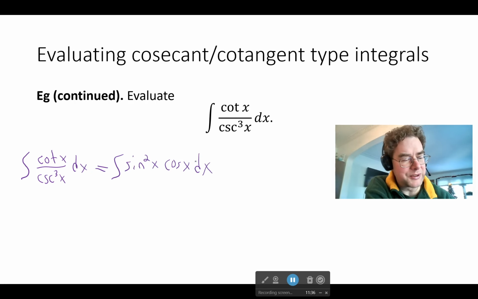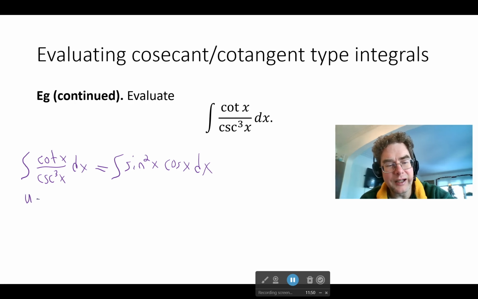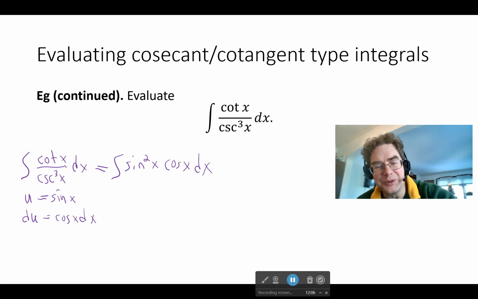This is a typical, not particularly hard sine cosine type integral. Here we can just take u to be sine x, since the power on cosine is odd. It's got a first power on it really, so du will be cosine x dx, and that is just sitting right there waiting to be used, so that is perfect.